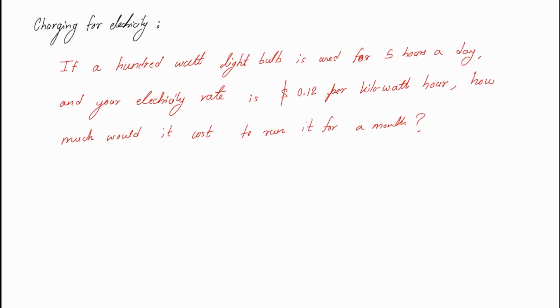So in this case, we have a bulb that is on for 5 hours a day, and let's say it runs for a month. For a 100-watt bulb, 5 hours a day, let me calculate how many watt hours that is in one day.